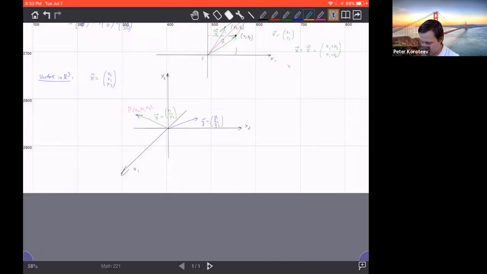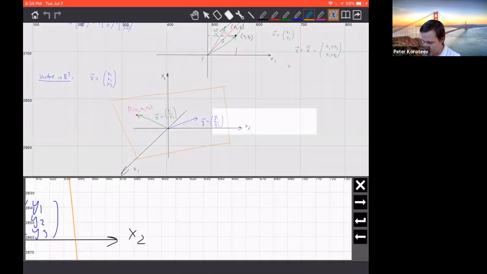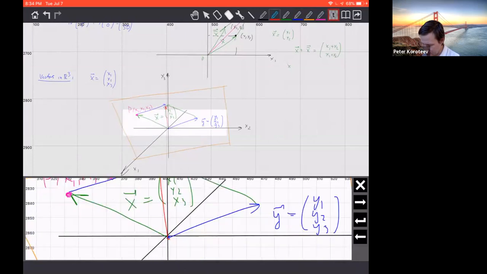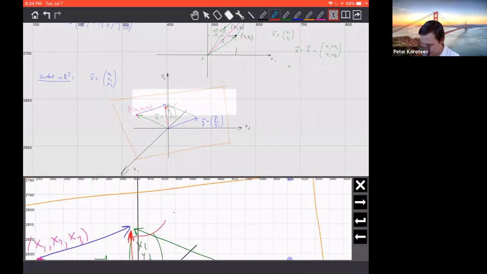Two vectors always lie in a plane. We'll talk about this today, a bit later. Then you draw a parallelogram like this, and the sum of these 2 vectors will be given by this. That's x plus y, which has components x1 plus y1, x2 plus y2, x3 plus y3.